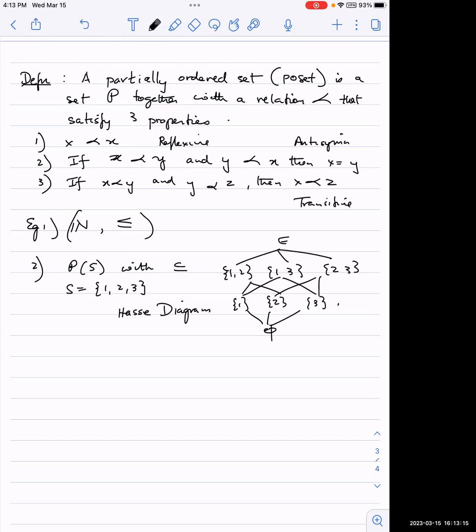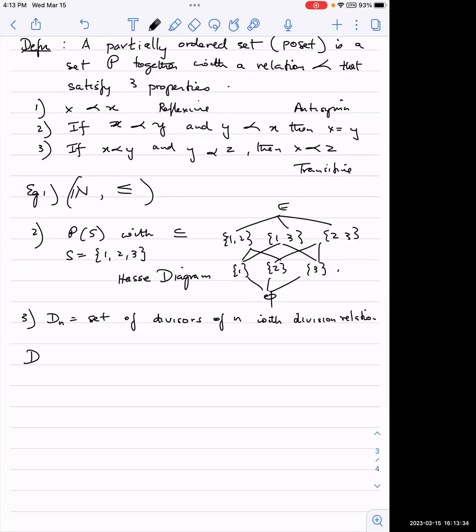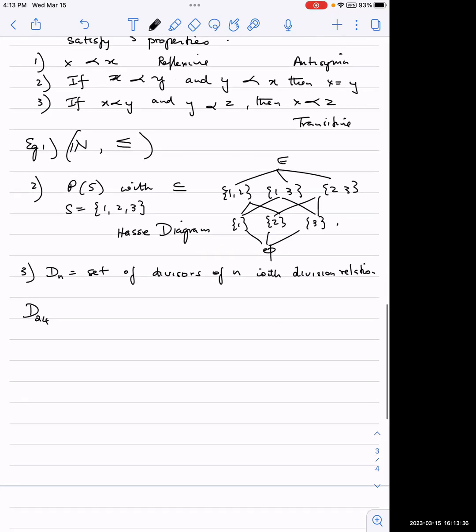And let's do a couple more just to make sure. Example 3, the set of divisors of n with the division relation. So for example, if you're doing D24, we have 1, then 3, 2, 6, 4, 12, 8, and 24.